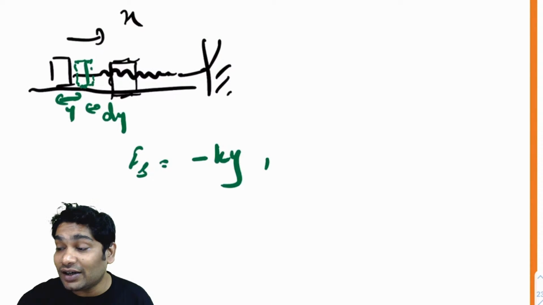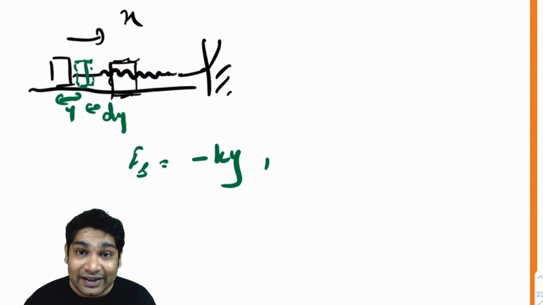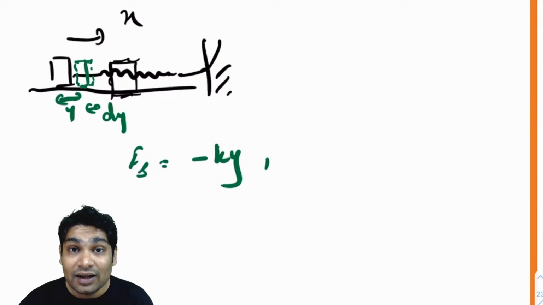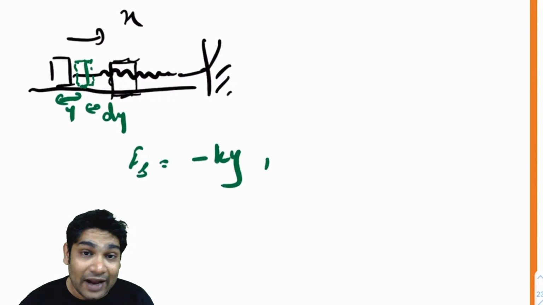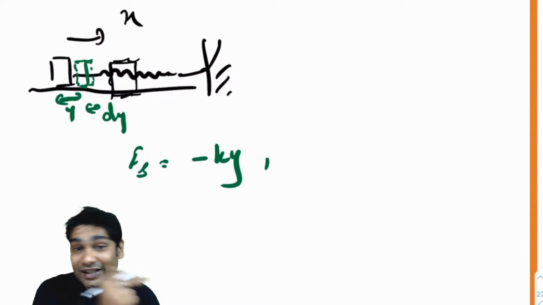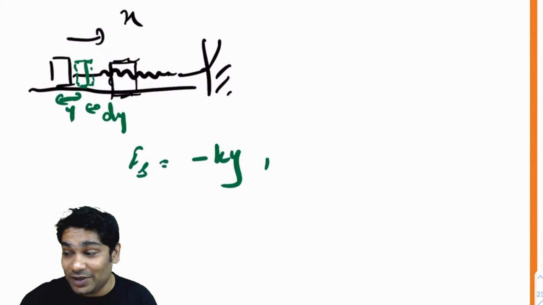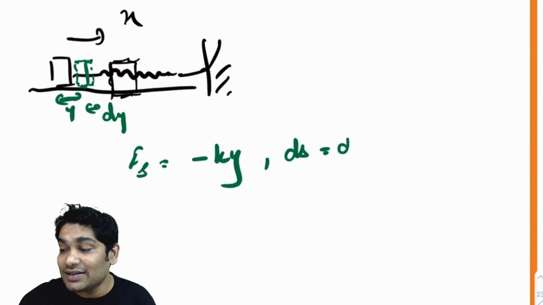What will be the work done in displacing it slightly? Alright. Again, now while taking the dot, I will not take the minus sign because I have already taken the minus sign with the F of spring, which is denoting that the direction is opposite to that of the displacement. So ds is dy.